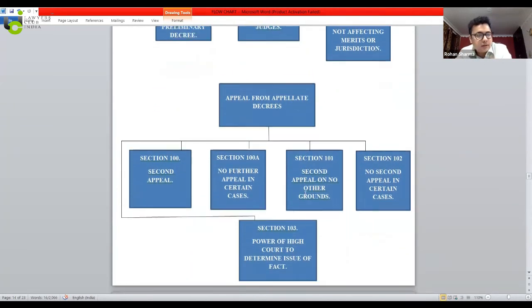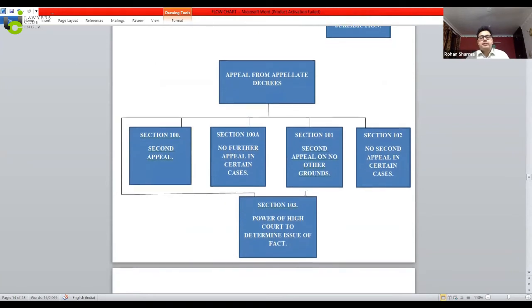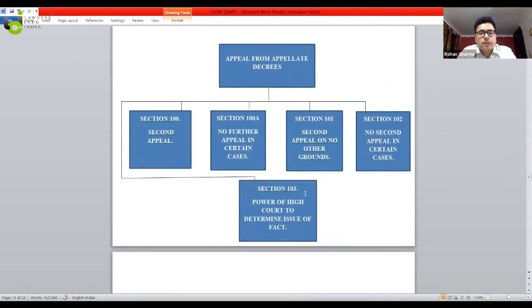Now, the next lot of sections deals with your second appeals. Second appeals, of course, are appeals which lie from the decision of your appellate court. These appeals are usually dealt with by the respective high courts under Section 11, because the first appeal usually goes to the district judge, and then from there, the second appeal lies before the high court.